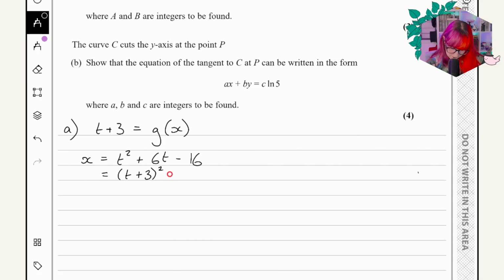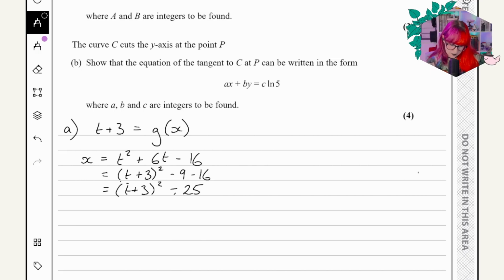Then this would be equivalent to that expression, so we need to figure out what we need to do to get from 9 to 16. We just subtract the 9 that we would have got from the expansion, minus 16. So that gives us t plus 3 all squared minus 25.